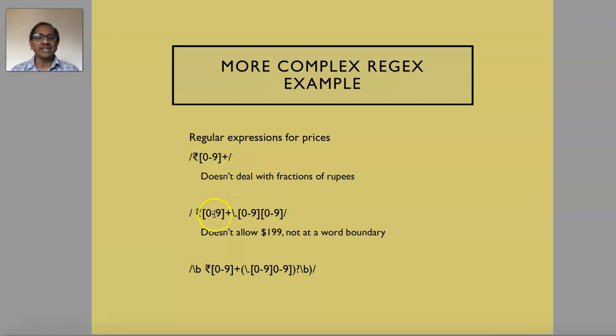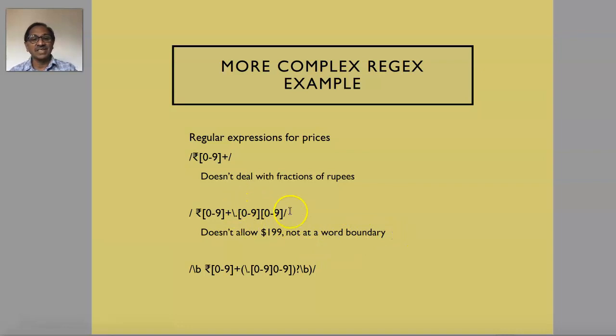In order to deal with paise, what we need to say is, okay, rupees plus, and then we are using the escape character, then dot is what says point, decimal, and then the paise. So this will definitely match with 1.99. It will not allow $1.99 because not at a boundary.